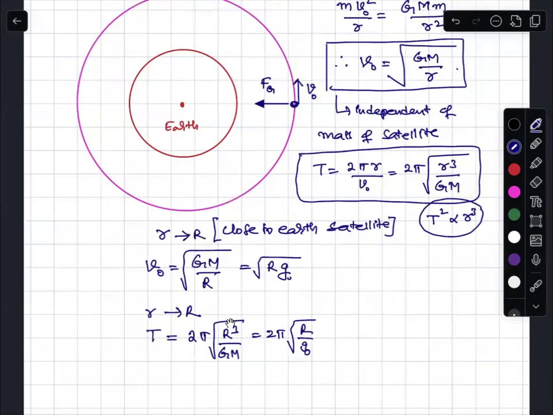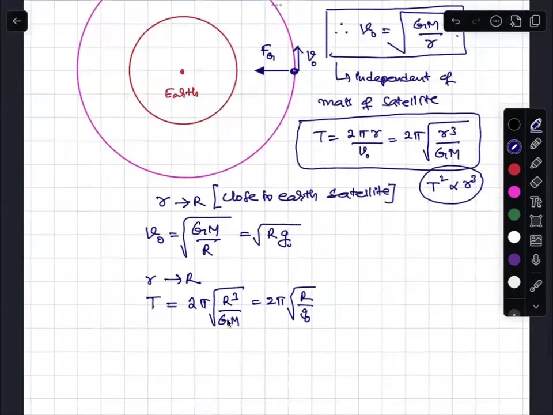Nearly some 83 minutes, somewhere around that area you will get. So please try to understand, orbital velocity is what I have given you right now. 83 minutes roughly, it means at this rate it will make 17 revolutions in a day. Got the point? Any doubt till this point?